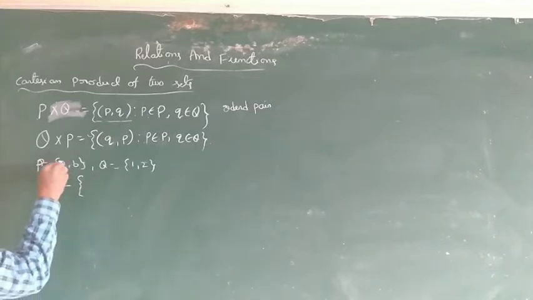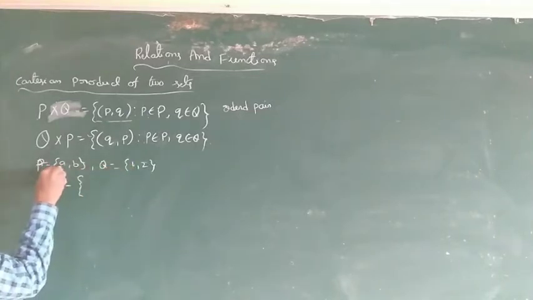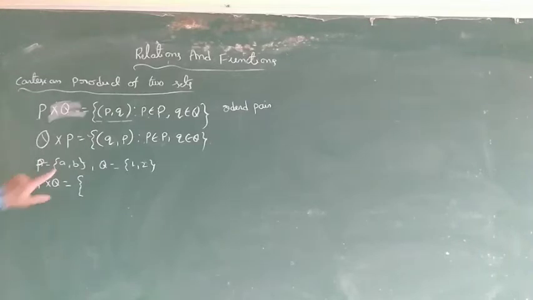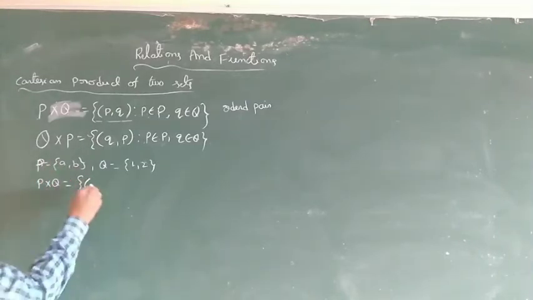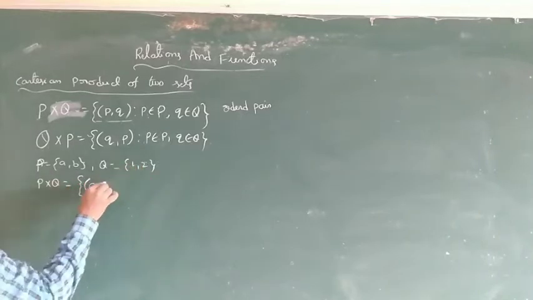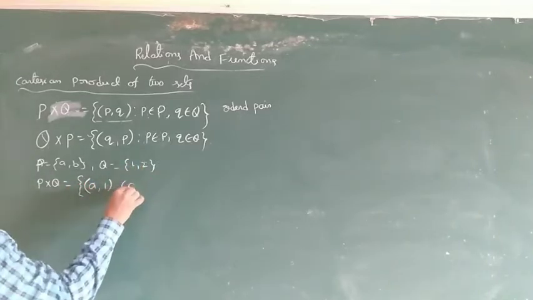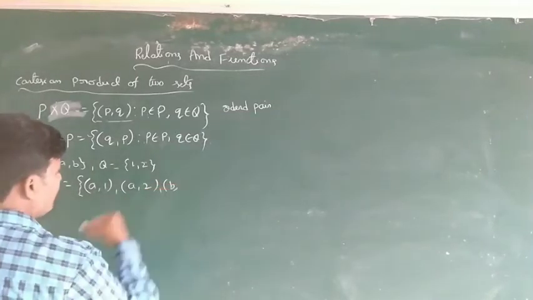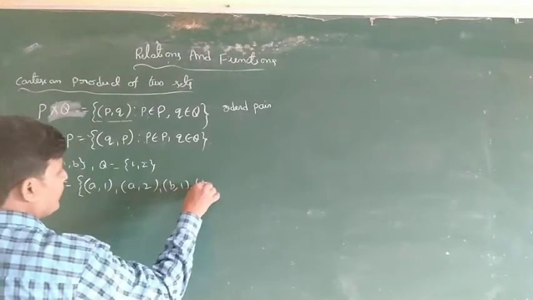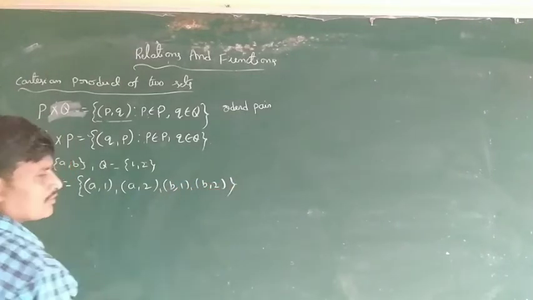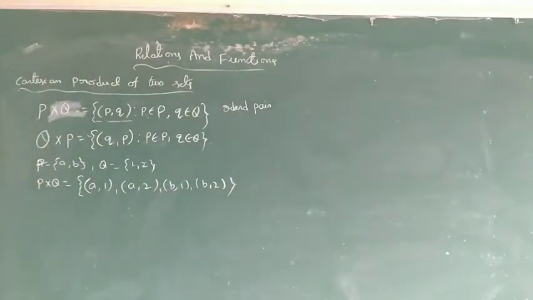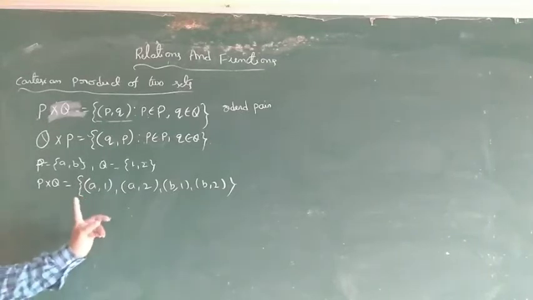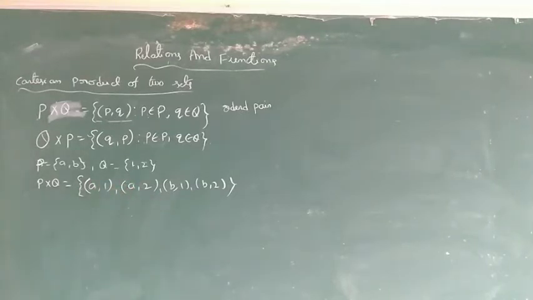First (a, 1): the first element is from P and the second element from Q. Again (a, 2). Next (b, 1), (b, 2). Don't repeat the same ordered pairs.